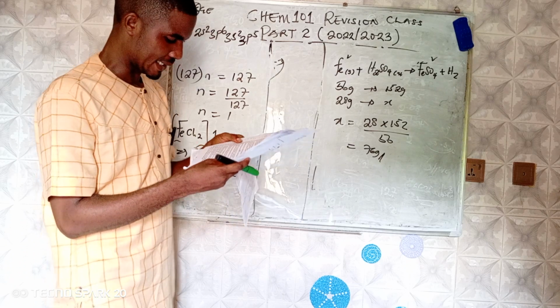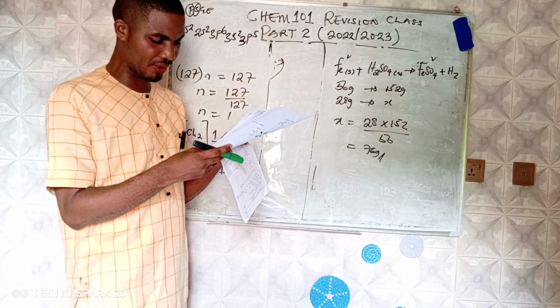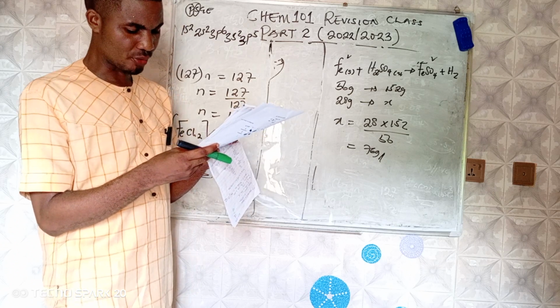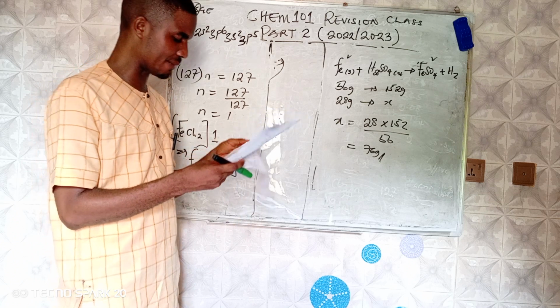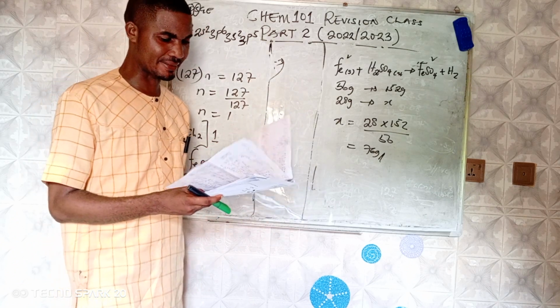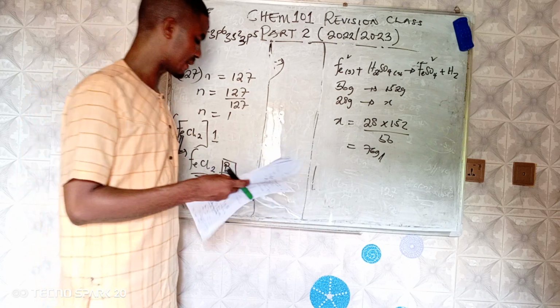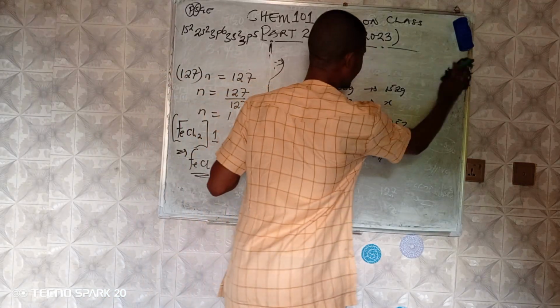56. It said, what mass of aluminum oxide will be produced by 0.5 of aluminum reacting with iron oxide as shown in the equation below? Just the same thing as 55. So we are in 56 now. I'm going to clean this.